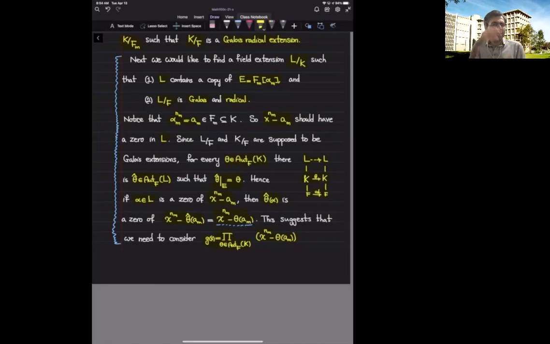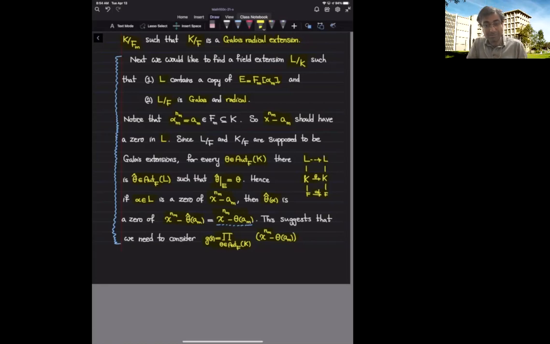But then we also argue, because L over F is supposed to be a Galois extension, if I start with some automorphism of K, I want to change this coefficient a, and I want to use an automorphism of this Galois extension in order to change it. But when I want to do it, can I do it inside L? And the answer is yes, because L over F and K over F, both of them are supposed to be normal extensions.